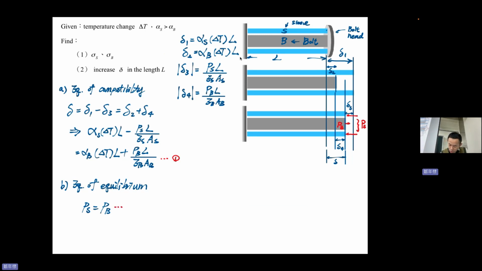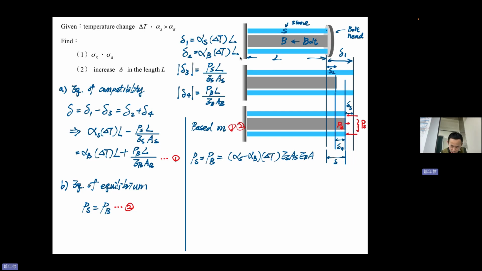So based on equation 1 and 2, PS equal to PB equal to (alpha S minus alpha B) delta T divided by (1 over ESAS plus 1 over EBAB).